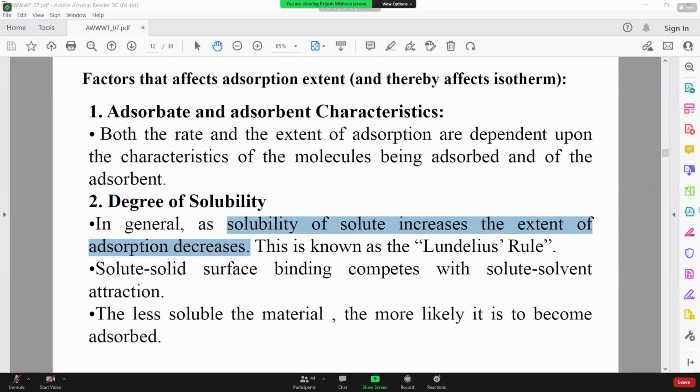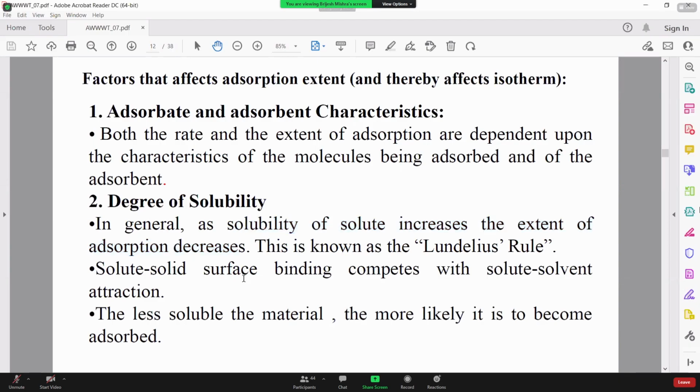Pardon? It's not clear actually. Sir, if solubility increases, then it won't adsorb on the solid surface. Yes. Adsorption may be reduced as concentration increases. Right.